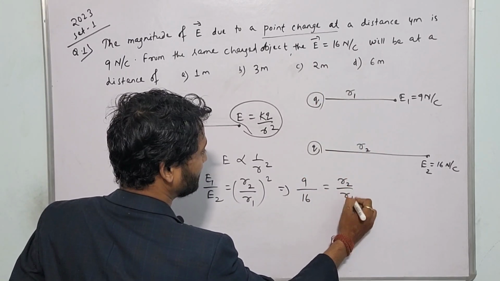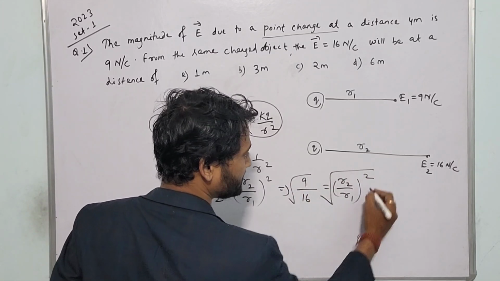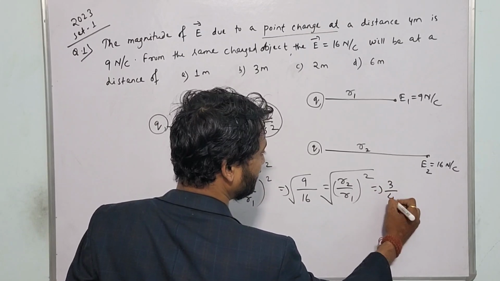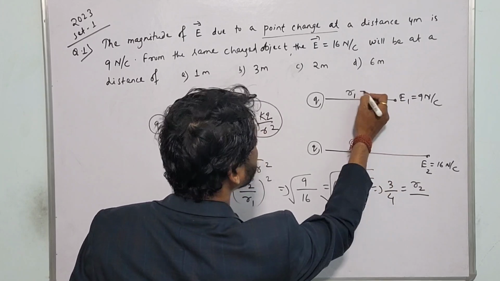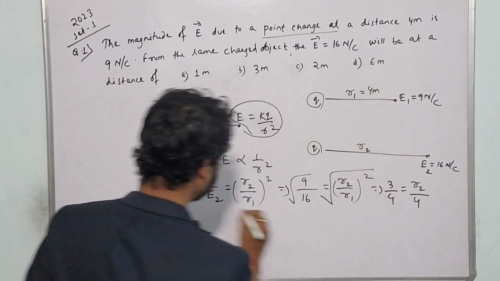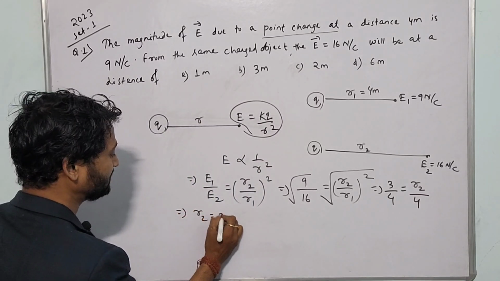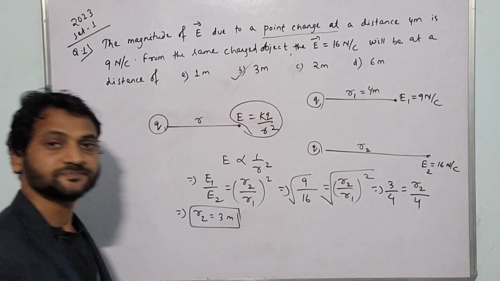It will be R2 by R1 whole square. So we can take the under root of LHS and RHS, then we can get 3 upon 4 equal to R2 upon R1. What is R1? R1 is given here, how much? 4. So it is 4. So that means your answer is coming 3 meter. So option number B is correct.